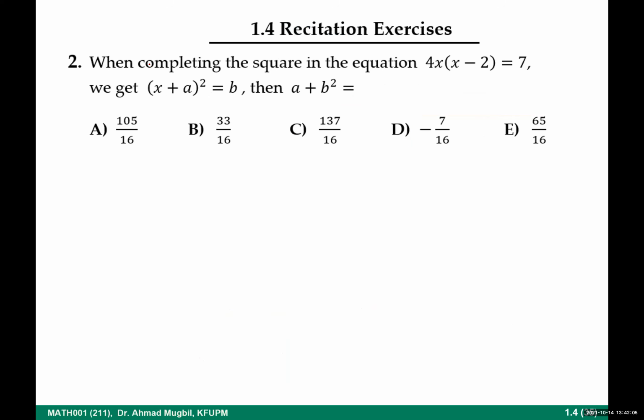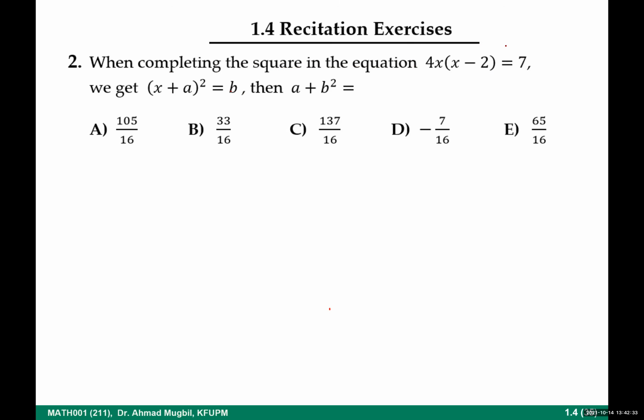So let me say that without this, if he said that if this equation is written in this form, then what are a and b squared? How can you go from here to here? Completing the square, even if it is not mentioned. But here it is of course much easier when you know what you should do. So when completing the square, this means complete the square.